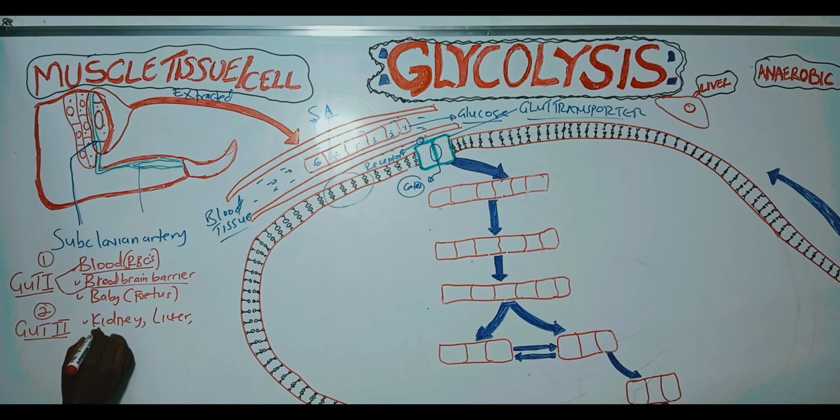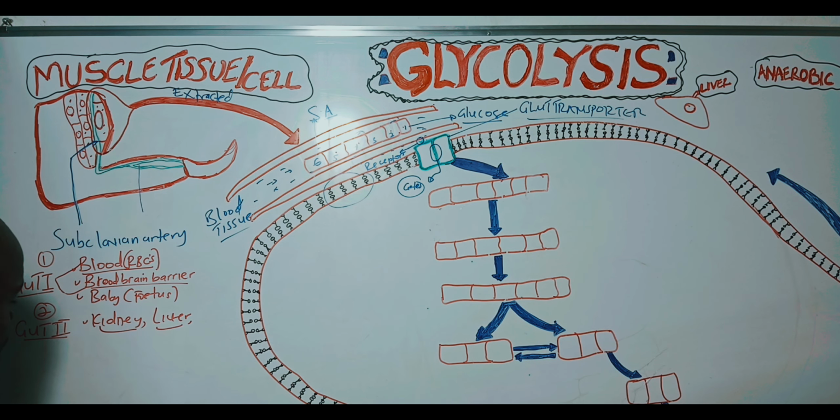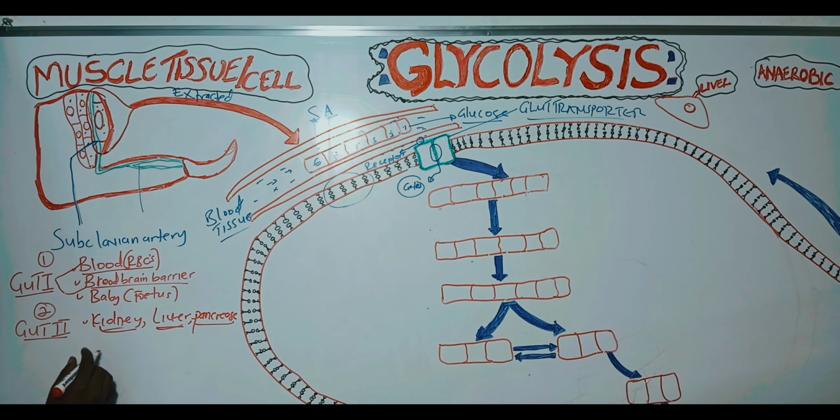Those are the major ones, the kidney and then the liver. Then also the pancreas can be here. So the pancreas, the liver, and the kidney have their transporters called the GLUT 2 transporters. Then we have part 3 here.